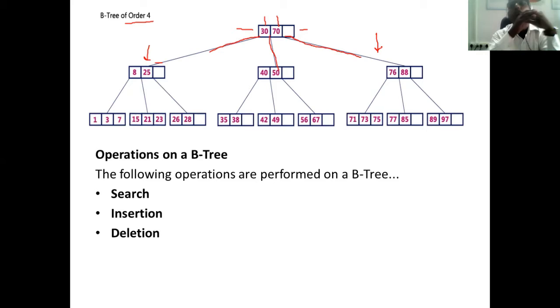If you see the node structure of a B tree, it will consist of three things. One is a block pointer, or we can say a child pointer. I will show you the structure. Suppose we draw it here.